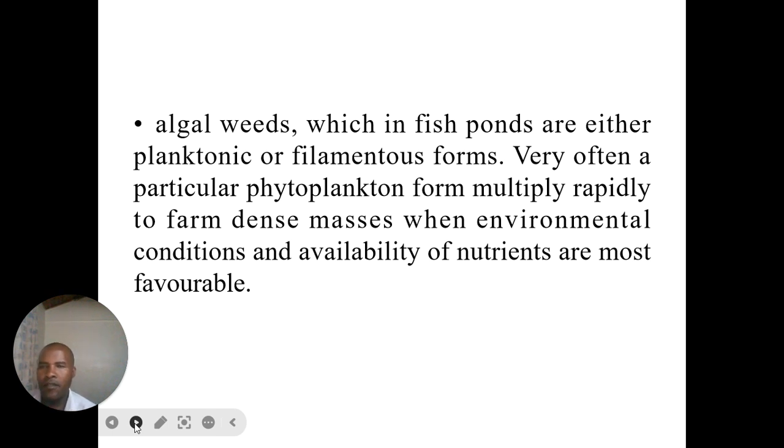Let us start with the algal weeds. These are weeds which are found in fish ponds, and are either planktonic or filamentous forms. Very often, a particular phytoplankton forms multiply rapidly to form dense masses when environmental conditions and availability of nutrients are most favorable.